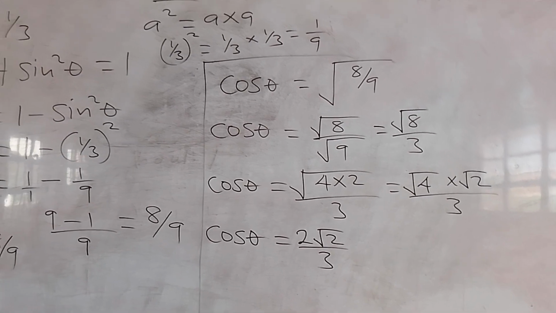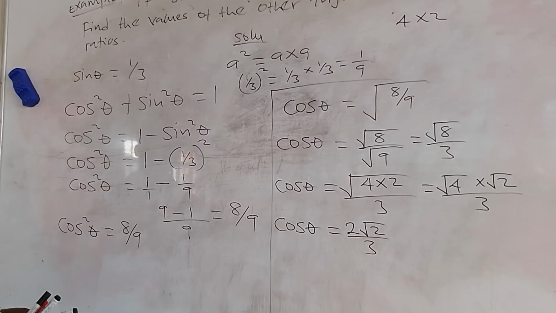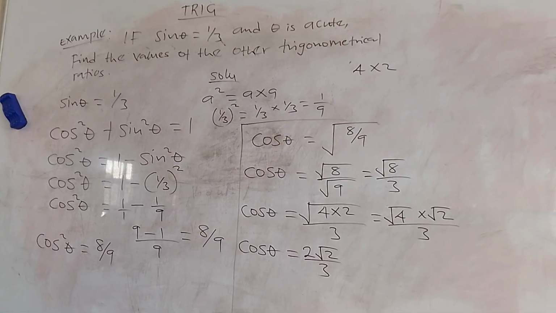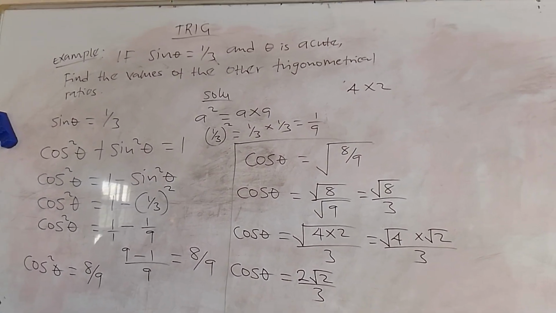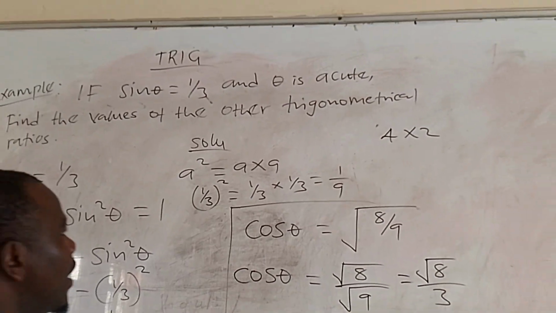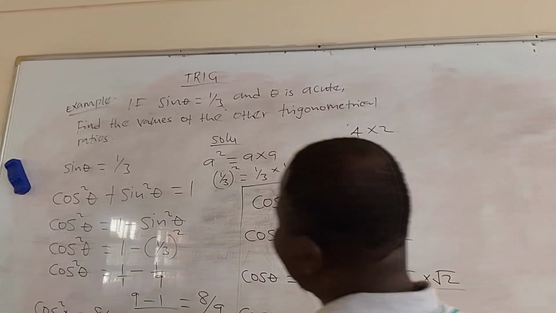Now, they said we should find the values of the other trigonometrical ratios. It means we are going to look for tan theta too.